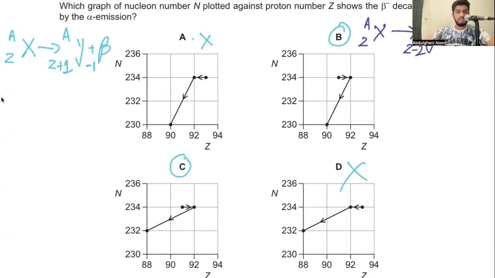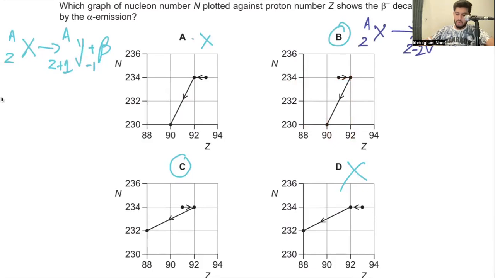In which one from B and C, which one does the nucleon number decrease by 4? तो ये 234 पे था, न्यूक्लियन नंबर कम होके कितना हो गया? 230 हो गया. 234 से 230. अब प्रोटॉन नंबर 92 से कितना हो गया? 90 हो गया. So B looks correct.